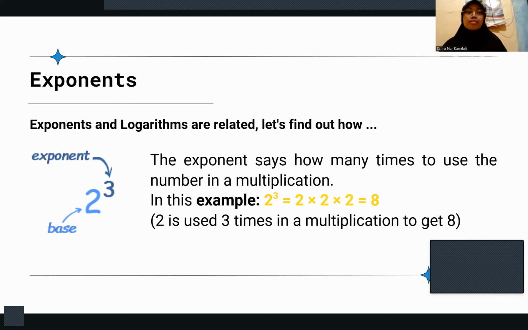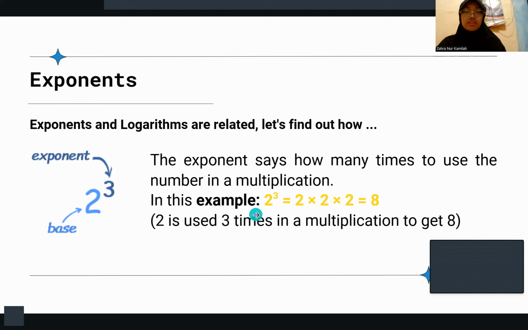Next, exponents and logarithms are related. Let's find out how they are related. An exponent says how many times to use the number in a multiplication.